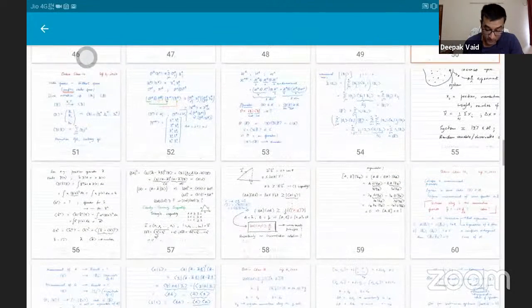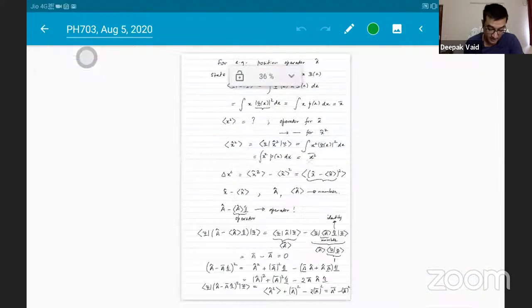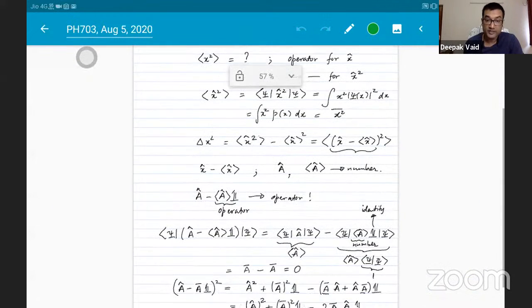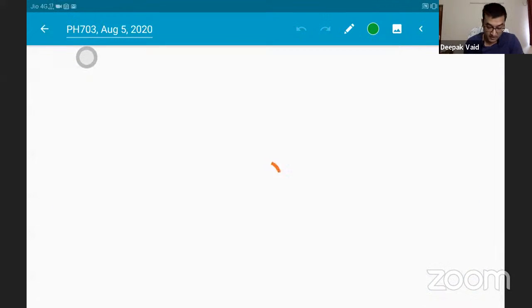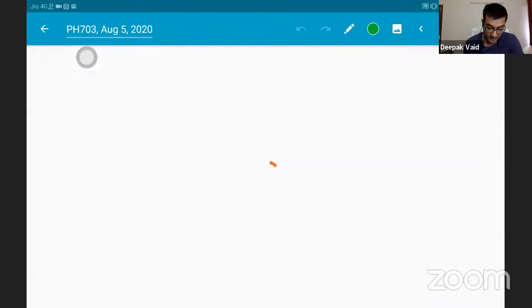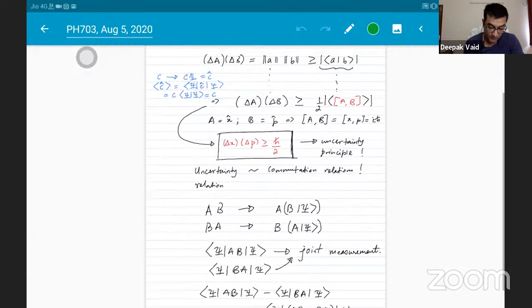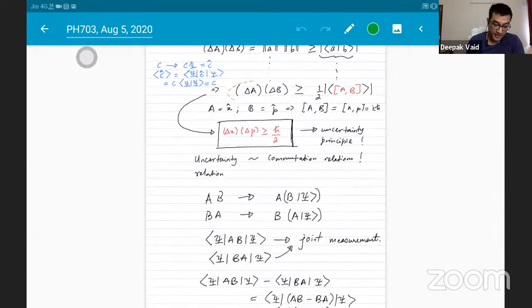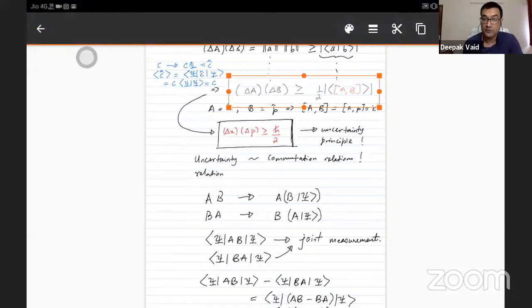And then we have, of course, the uncertainty principle, which we have explained in terms of expectation values of operators. And we derived the uncertainty principle in a very general way for any two operators which don't commute with each other.